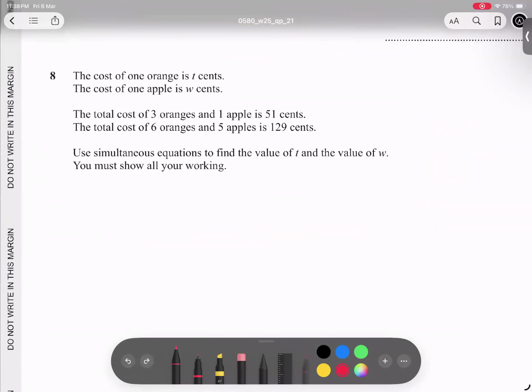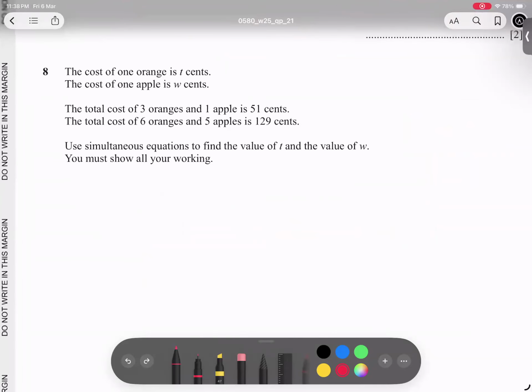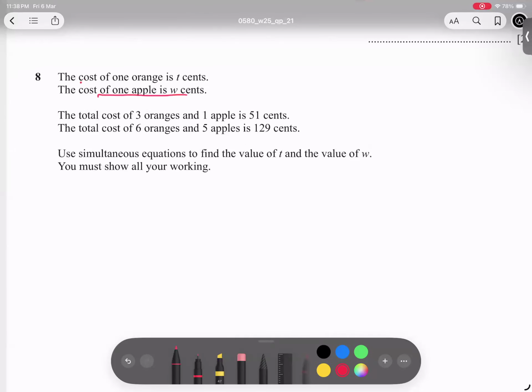So let's talk about question number 8. Question number 8 is what here? The cost of one orange is T cents and the cost of one apple is W cents. Okay, and we have a formula. This kind of question: total amount equals cost of item multiplied by number of items.